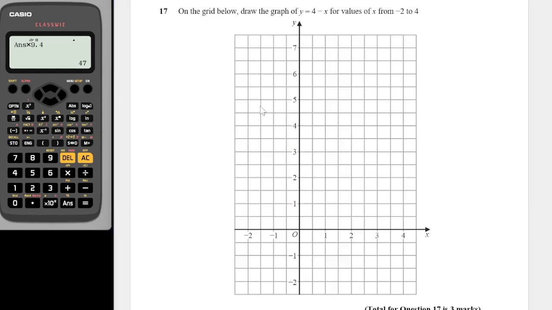Question 17. On the grid below, draw the graph of y is equal to 4 minus x. So I'm just going to rearrange this slightly and say y is equal to minus x plus 4. So if I compare that with y is equal to mx plus c, then I'm looking for a line with gradient of minus 1 and a y-intercept of 4. So y-intercept of 4, and then for every 1 across, I'm going to go down 1.